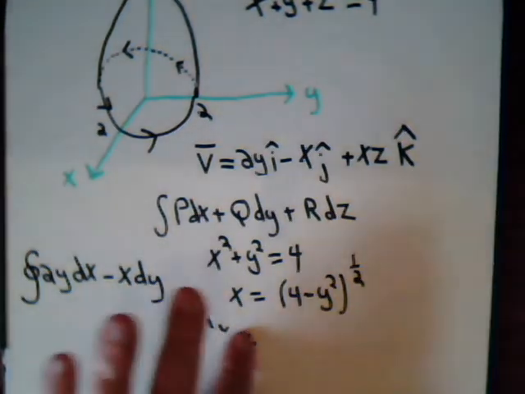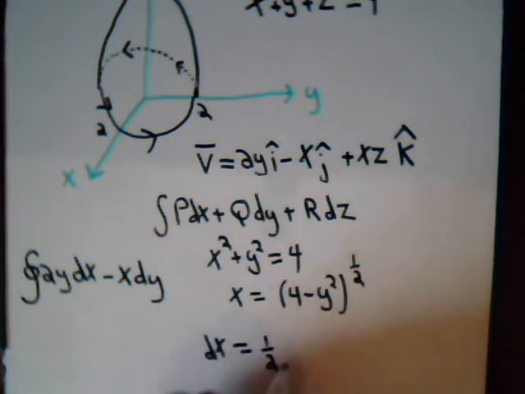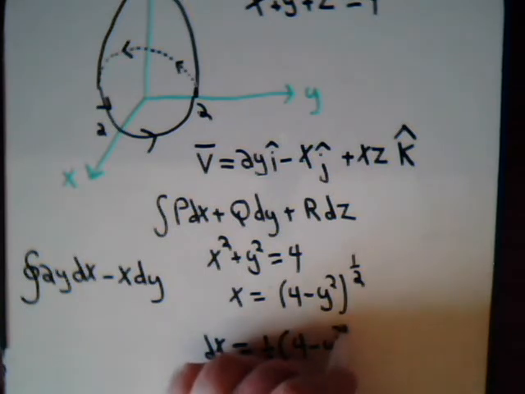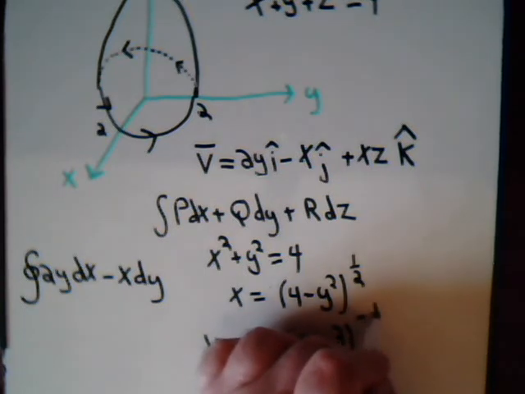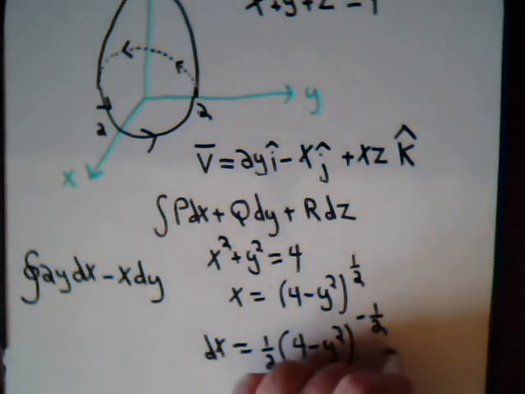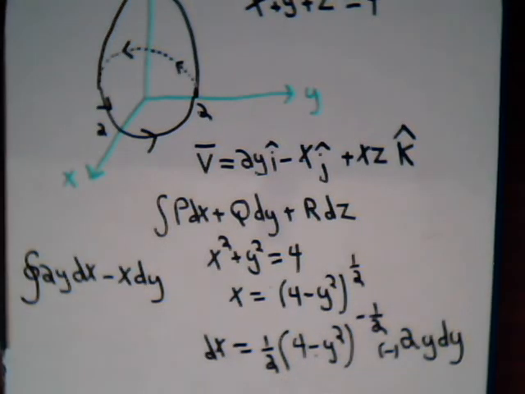So dx will equal 1/2 times 4 minus y squared to the minus 1/2, times minus 2y dy.